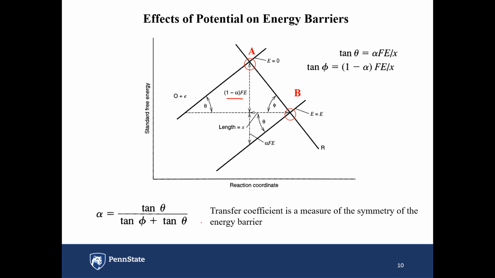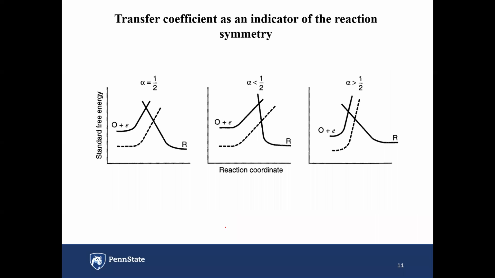in electrochemistry, we define alpha as the transfer coefficient. And the transfer coefficient is a very important coefficient that we use to measure the symmetry of the energy barrier. So what do we mean by symmetry? For example, if we have a reaction that is prone to happen forward and backward equally, then alpha is equal to 0.5, or half.